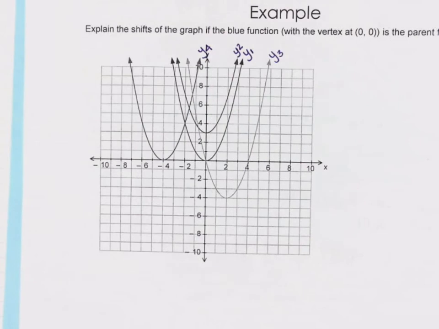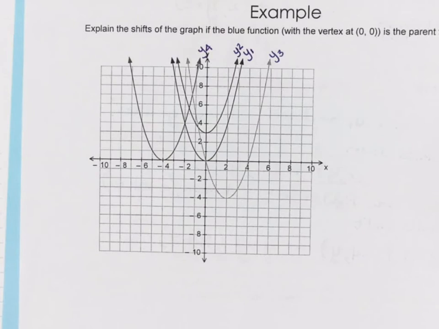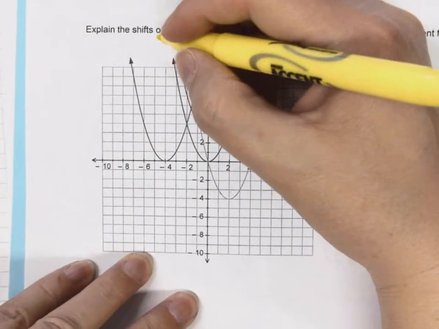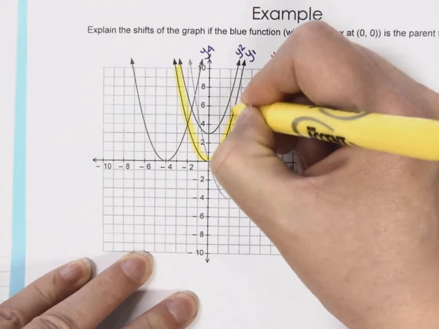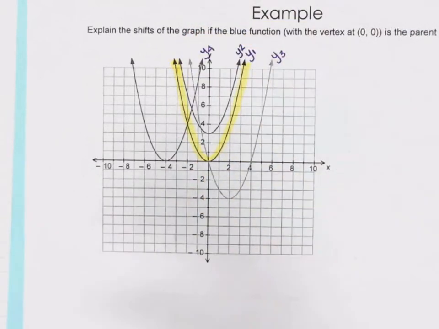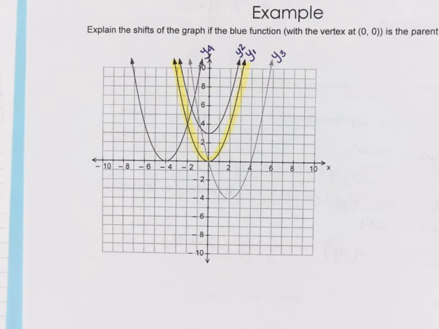Okay, guys. Y1, the original, it says blue function, but it's the one with the vertex at 0, 0. I really need to get some more highlighters up here. Okay. That's my original graph.